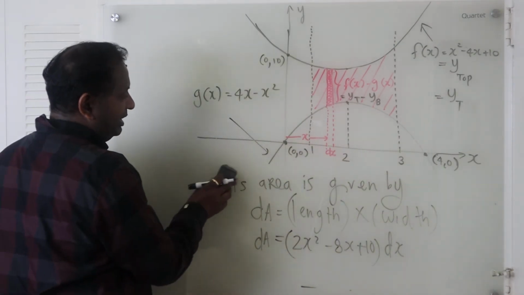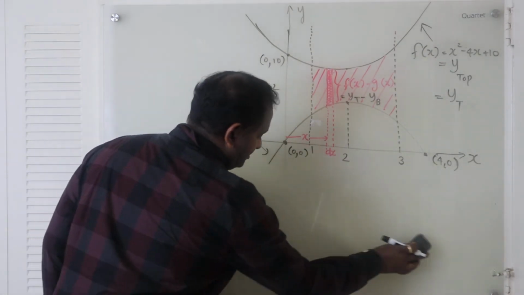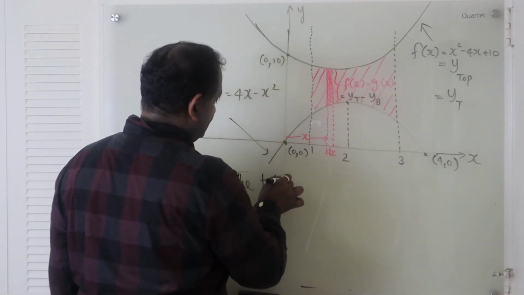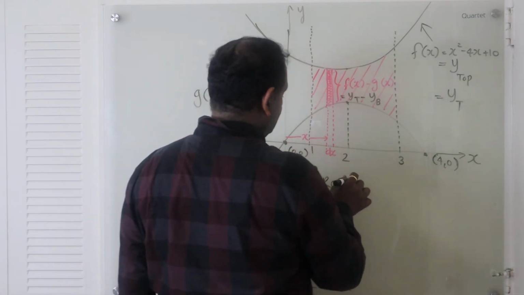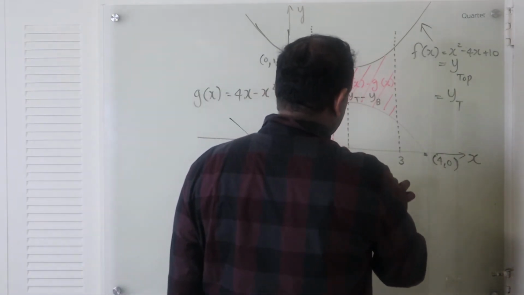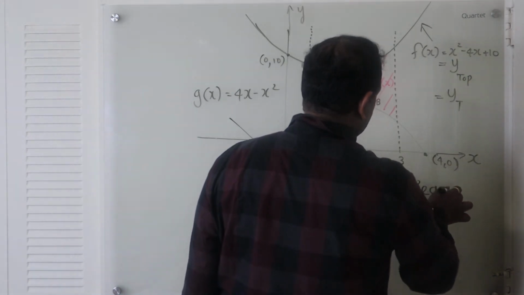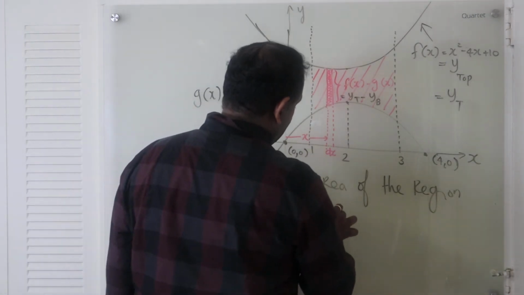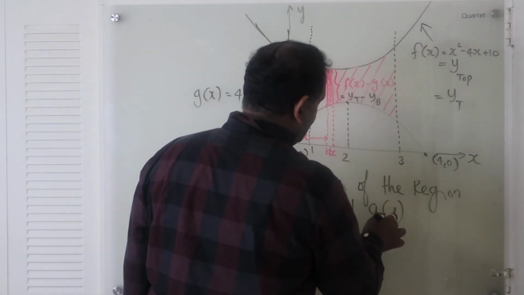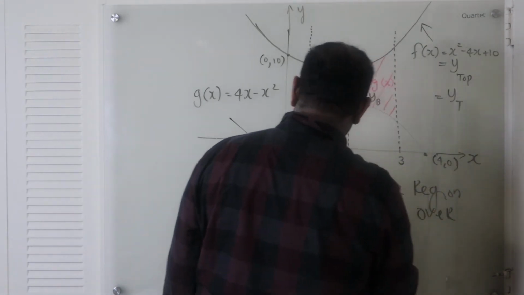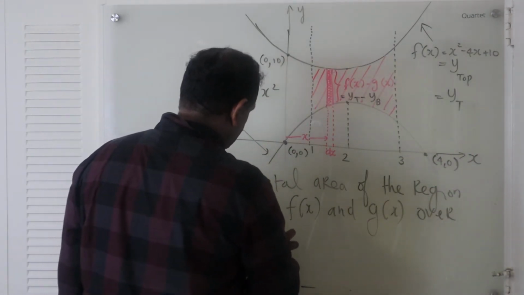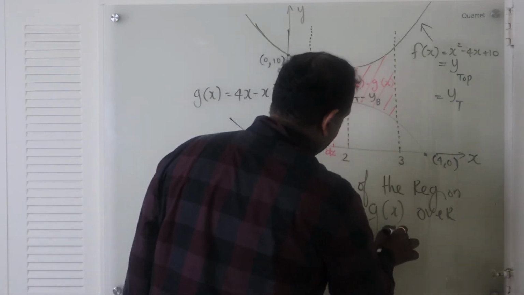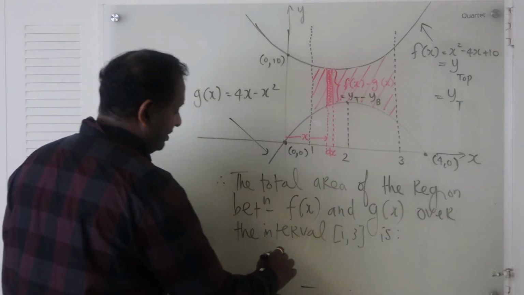Therefore, the total area of the region between f of x and g of x over the interval 1, 3 is, say what? I'm going to denote that by A.